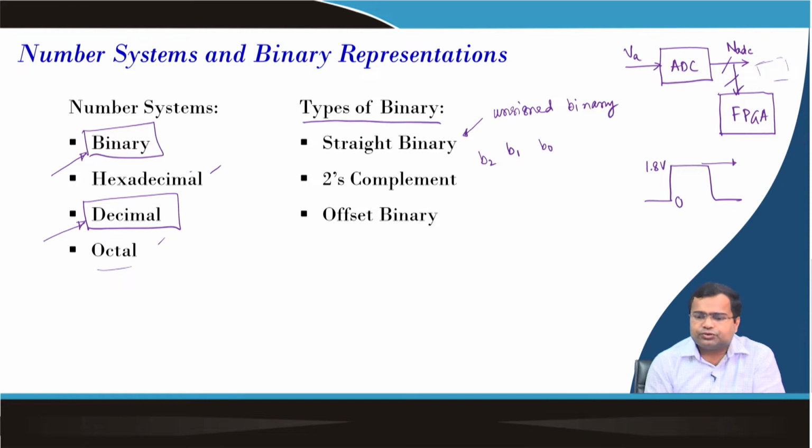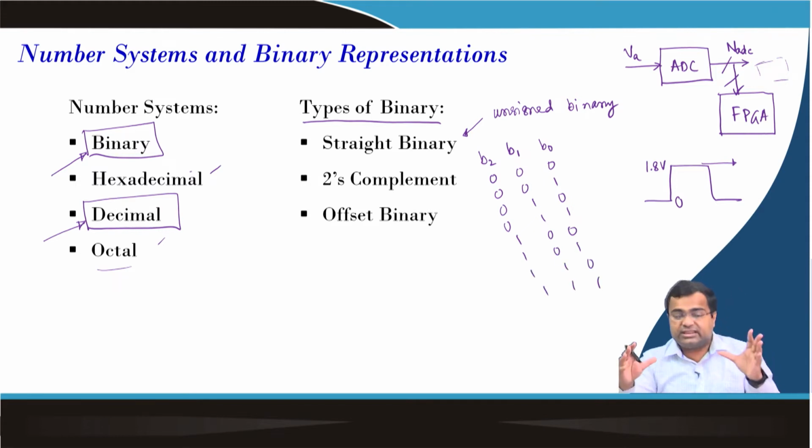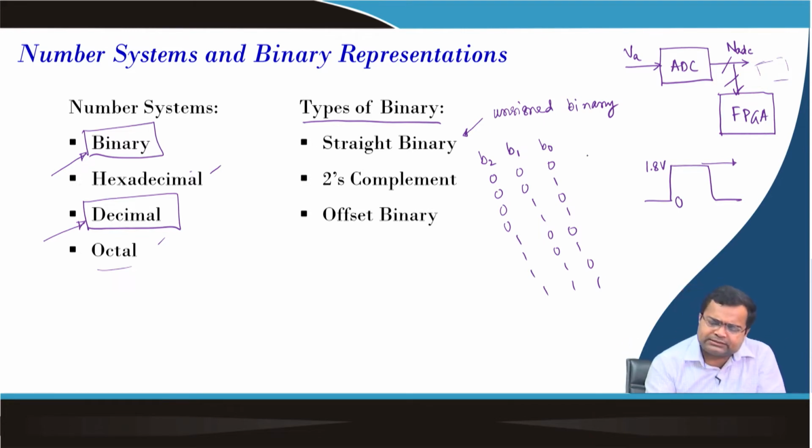So, in the lookup table we will take 000, 001, 010, 011, 100, 101, 110 and 111. So, this is straight binary, where it represents a number between 0 to 7.